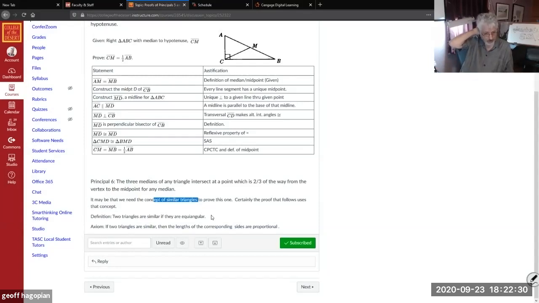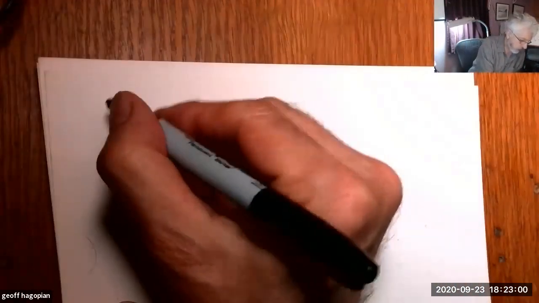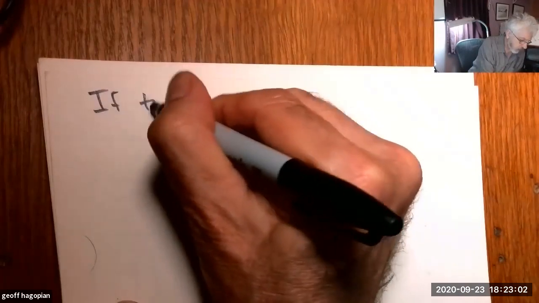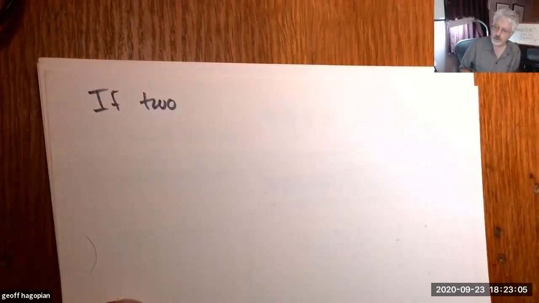But we do have this, that if two triangles are equiangular, or another word for that is similar, then their corresponding parts are proportional. So let me write down what that means, okay? And for that, we want to go to our drawing board here. Okay, and I'm going to state that, if two triangles, and this is not actually in the review materials, but we'll need this.